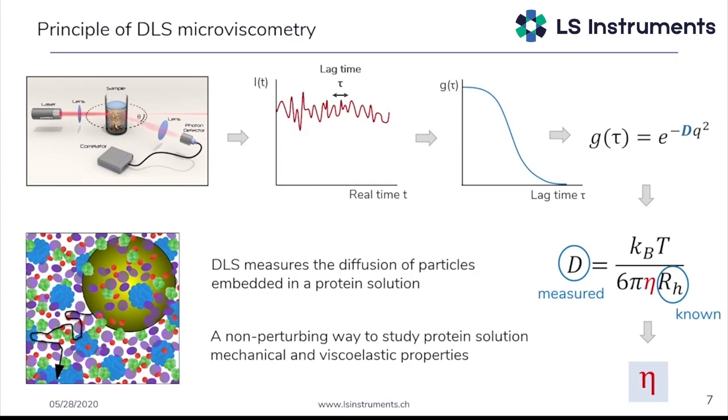It's entirely a bulk solution measurement, so we are also not at all suffering from possible artifacts due to any tendency of the proteins to go to a liquid air or a liquid solid interface. And what we measure is the ideal zero shear viscosity.